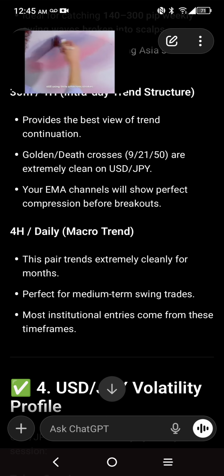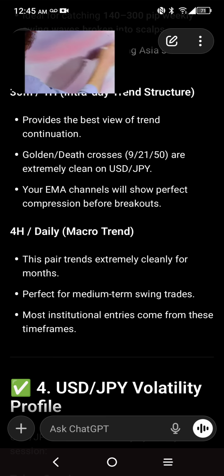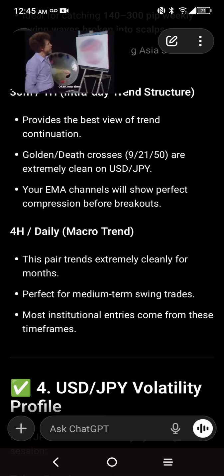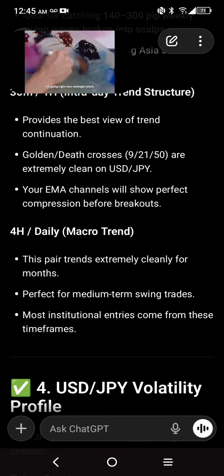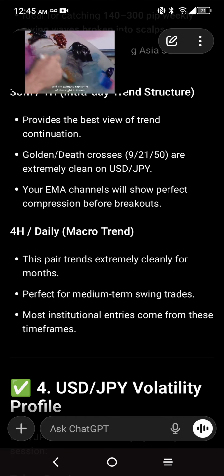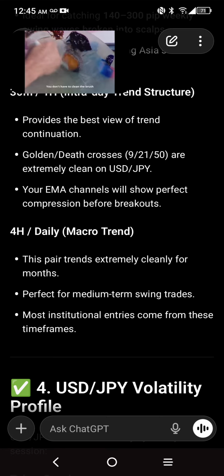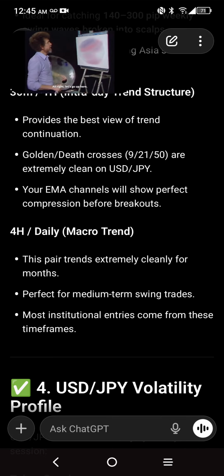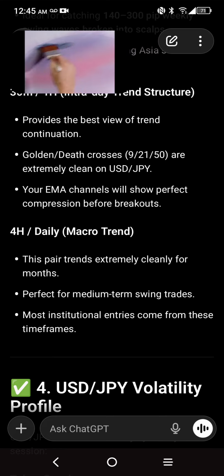Okay, so 4 hour and your daily, you're looking at your macro trend, your overall trend, your big boy trend. This pair trends extremely cleanly for months. So perfect for medium term swing trades. Most institutional entries come from these time frames. Okay, you should be able to understand that clearly already.